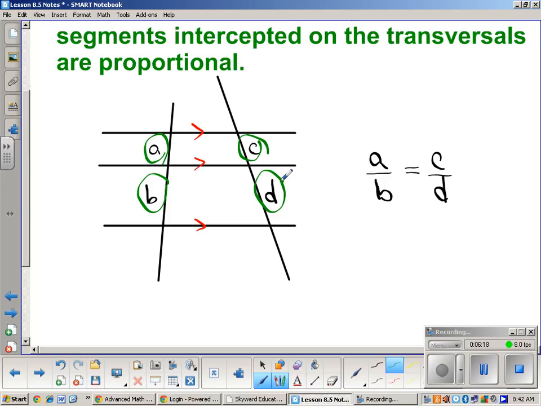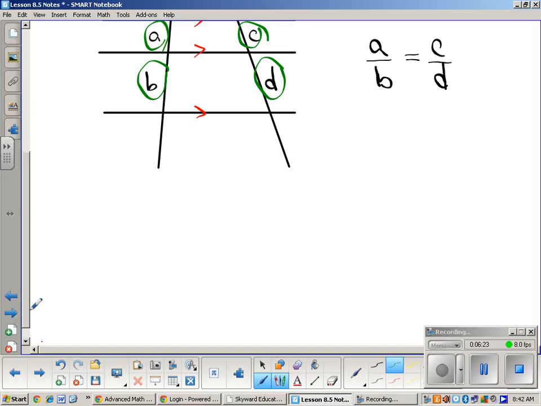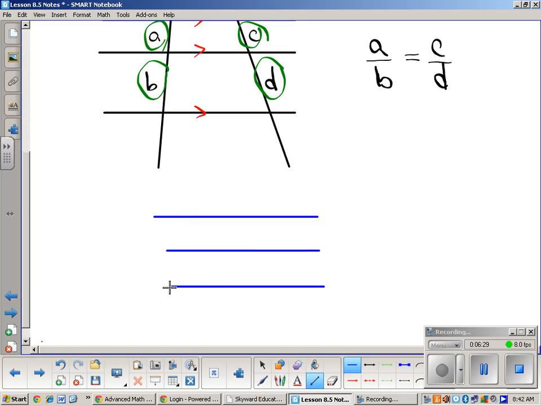Again, this is very similar to one we learned last semester, in which we said if these lines are parallel and these segments were equal, so we said if these parallel lines cut this transversal into equal segments, then that's going to cut every transversal into equal segments.